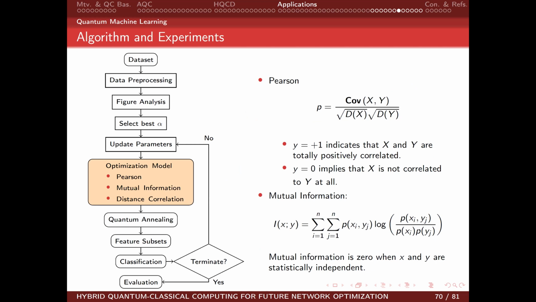And here is the flowchart of our proposed algorithm. You can see at the very beginning, we need to pull the data from the database and then preprocess, or massage, the data. Then we select alpha, the parameter, the weight between the two terms in the objective function. Then we update our parameters. This orange box is the part where we formulate our optimization model.